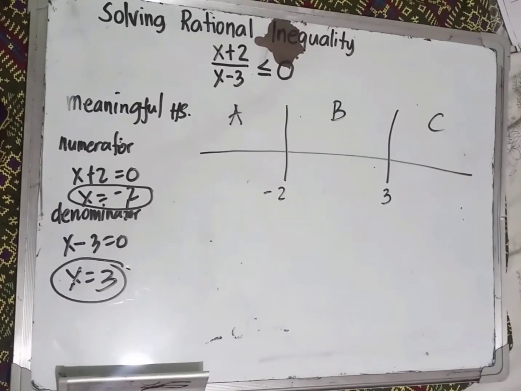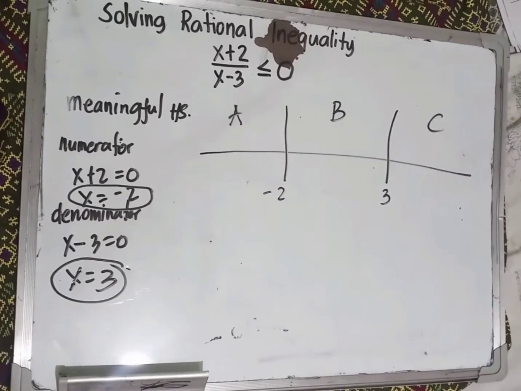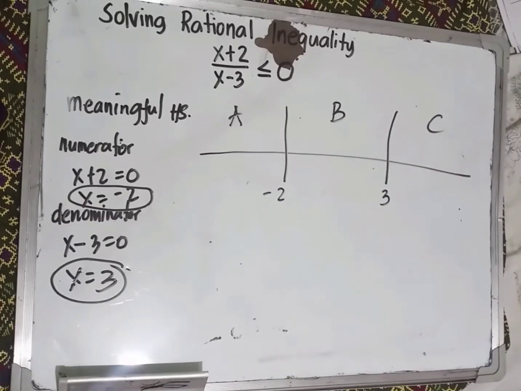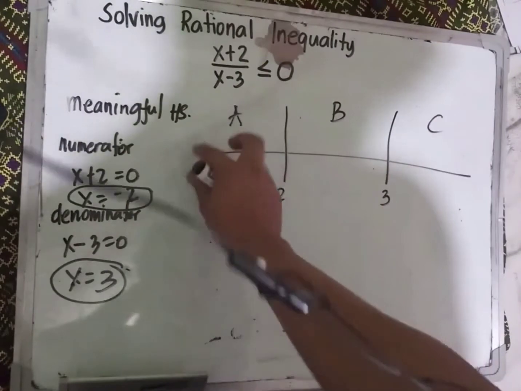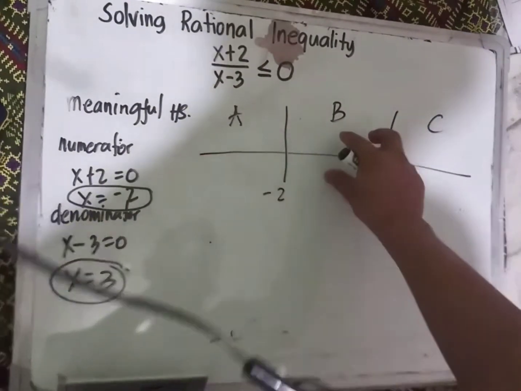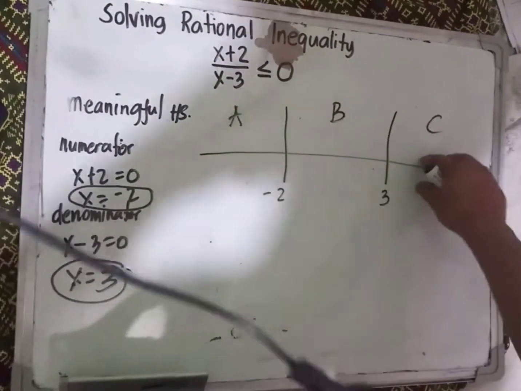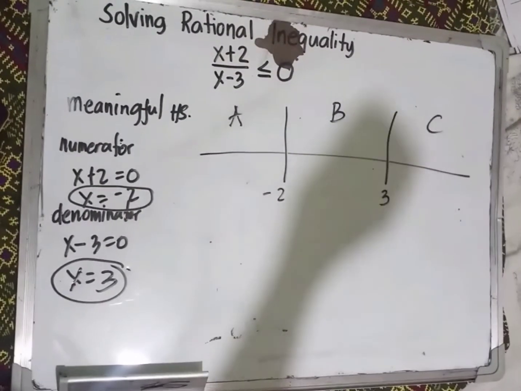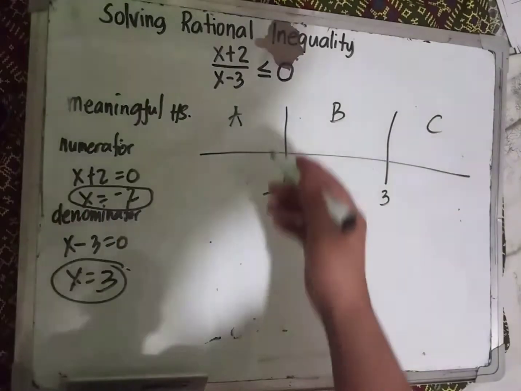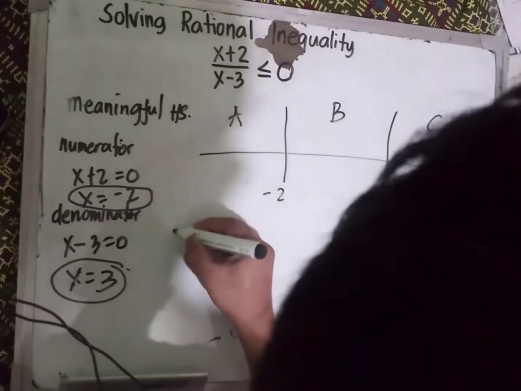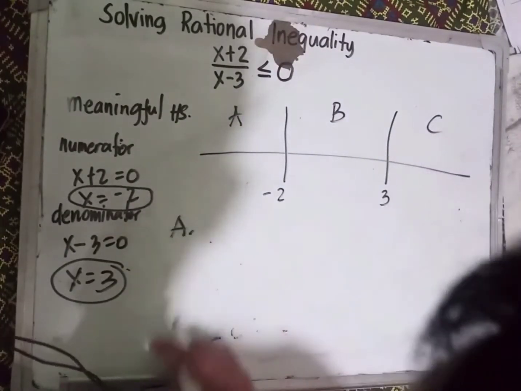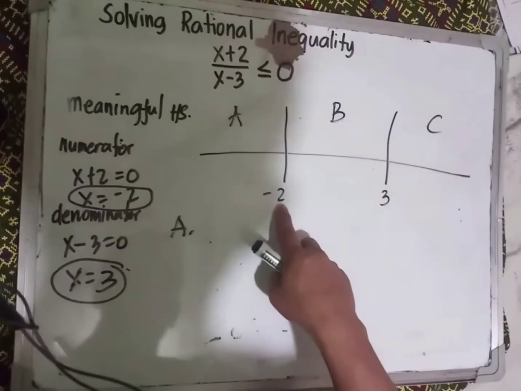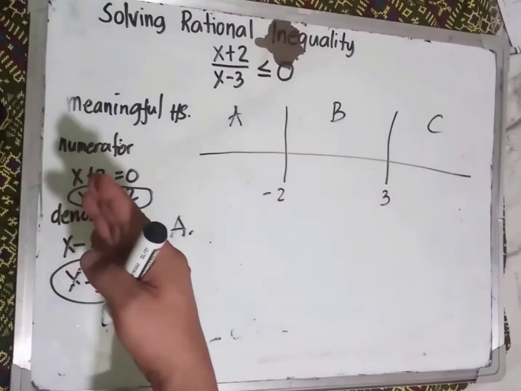Next, get values in each interval and substitute them into the given inequality. Get any number in interval A, interval B, and interval C, and test if the answer is true or false. For example, in interval A, any number going down to negative infinity, for example negative 3.